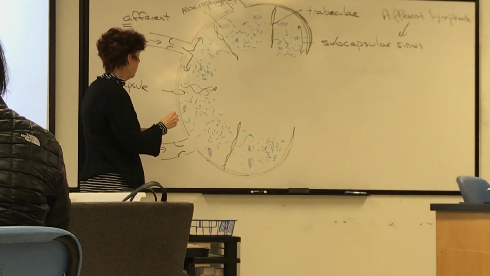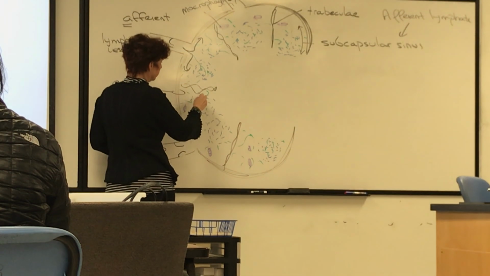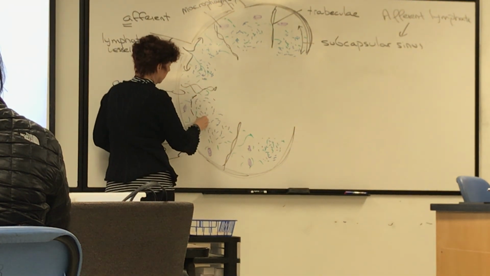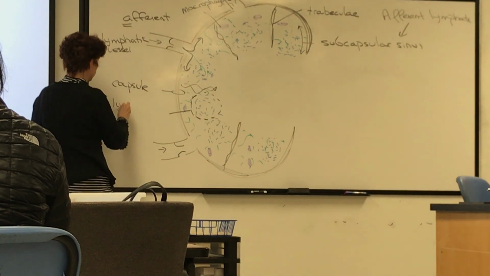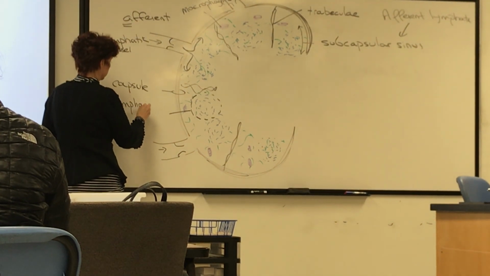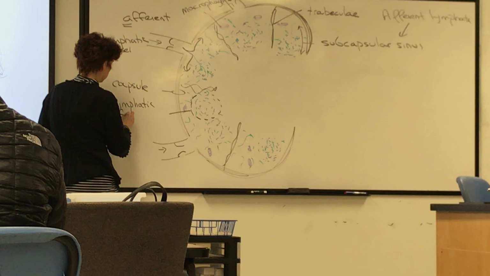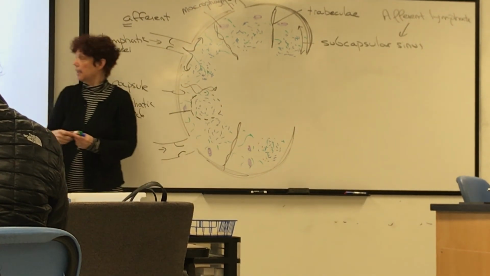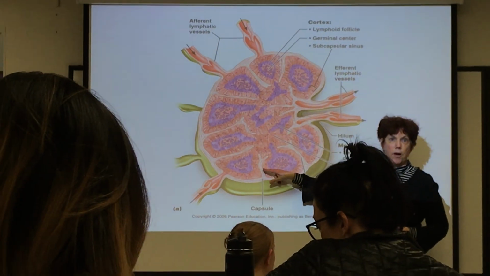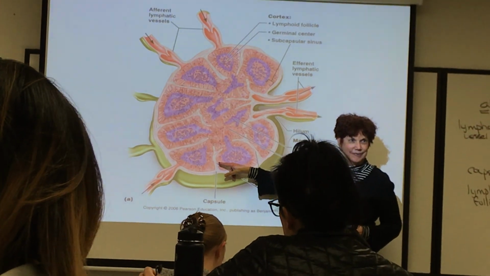It can either flow into a lymphatic follicle. So this would be one of our lymphatic follicles. Or it can flow around it and down towards the medulla along the trabeculae, and these are known as trabecular sinuses.